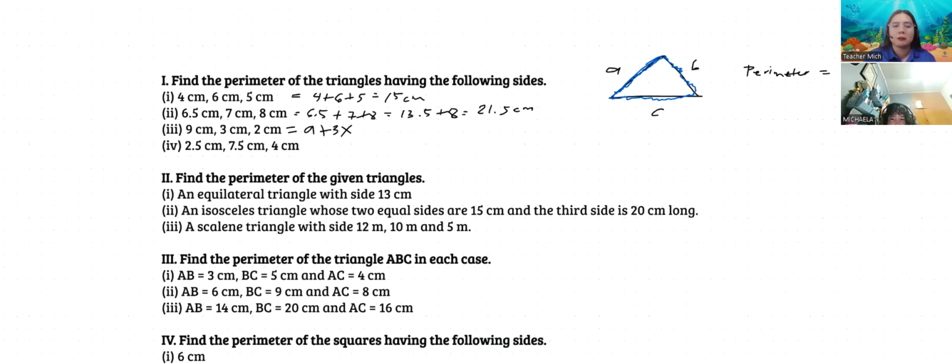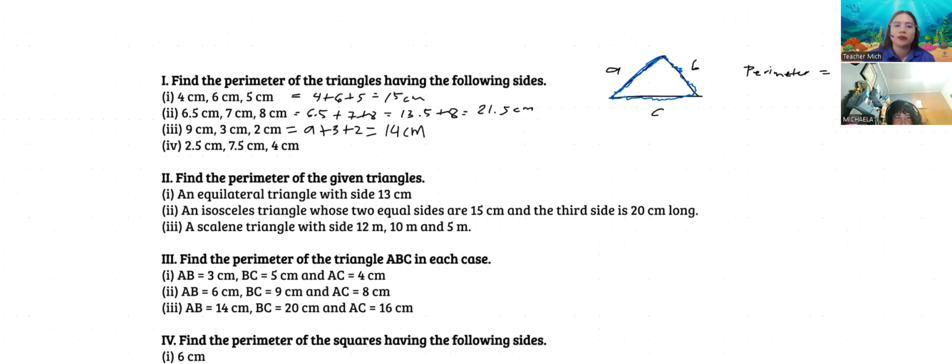Plus, it's multiply, anak. Okay, very good. What if we have here two decimals and a whole number?